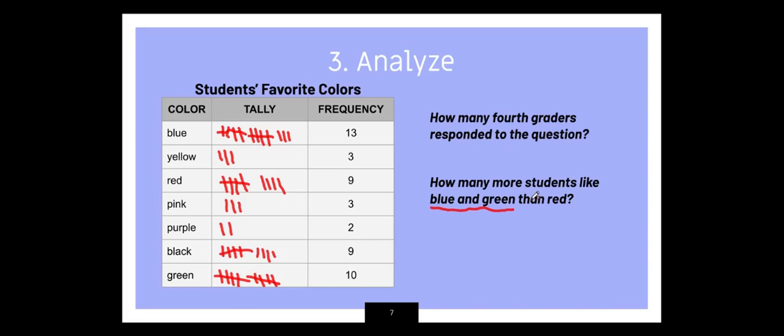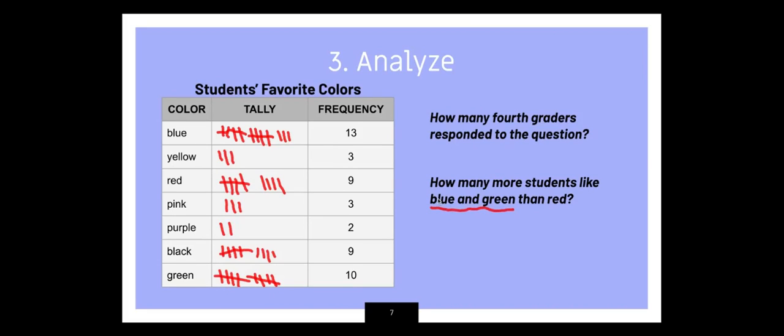And I know that this word "than" means I'm going to compare, right? And so I want to know how many liked these two more than red, right? So it's going to be one of these here. And I'm not going to be saying this was chosen more, is greater than or less than, but just understanding that when we say "than," that's what we're doing: we're comparing.